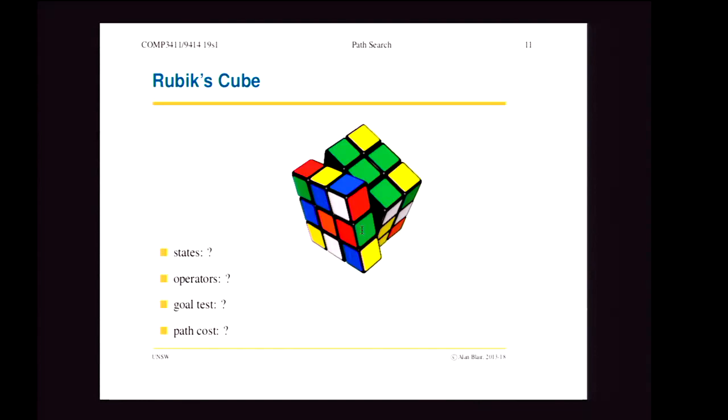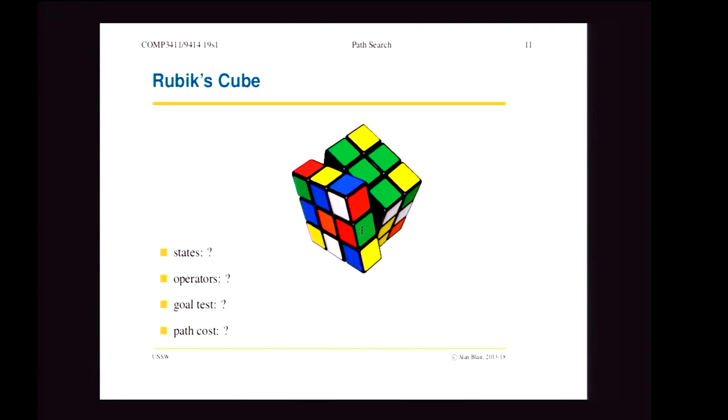So, well, let me ask you, how many choices of action do you have when you're solving Rubik's Cube? How many possible actions are there at any given time? Sorry? Hard to count. No, for one, if I just want to make one move, how many ways are there to make one move? 6.